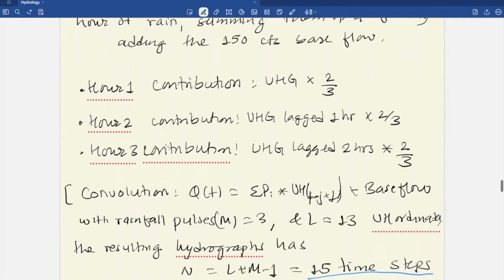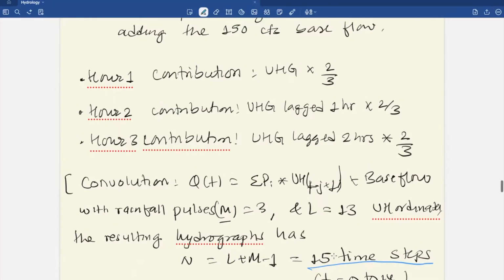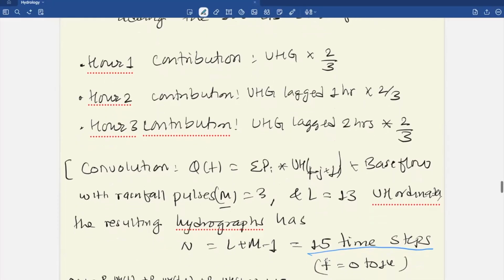with our rainfall pulses M equal to 3 and L equal to 13 UH ordinates. The result has N equal to L plus M minus 1, so it will be equal to 15 time steps.